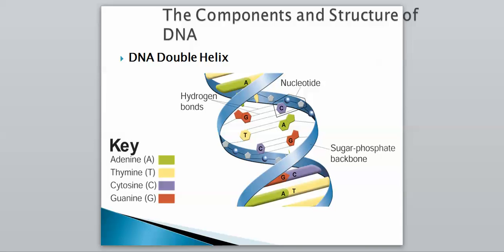And then we have our cytosine and our guanine, they are matched up with each other as well right here. So these bases are always in the same number because they're matched up right across from each other, and they basically hold our DNA together. Our A's and our T's and our C's and our G's hold our DNA together.